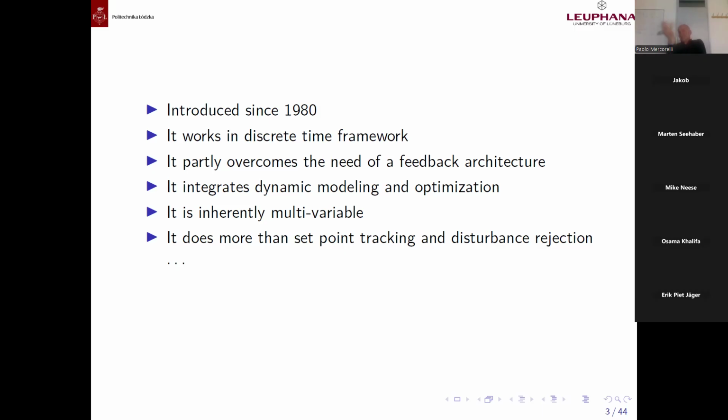Partially means nevertheless the feedback is there. But of course, the most important part is nevertheless feedforward and feedback.